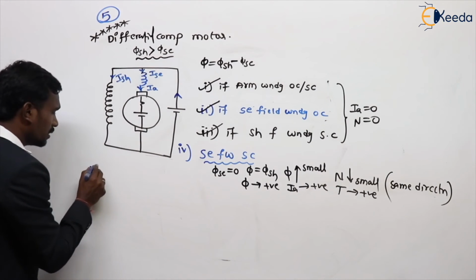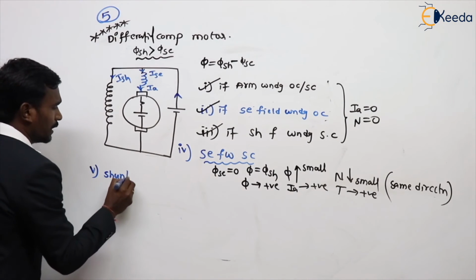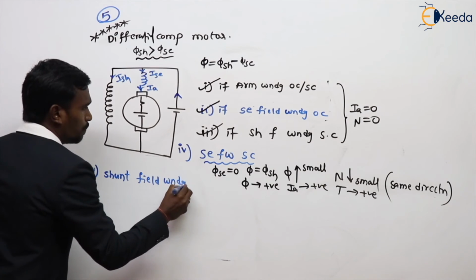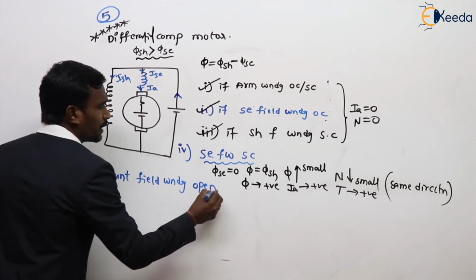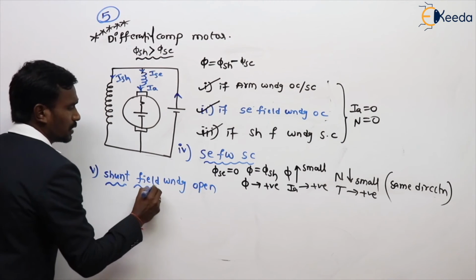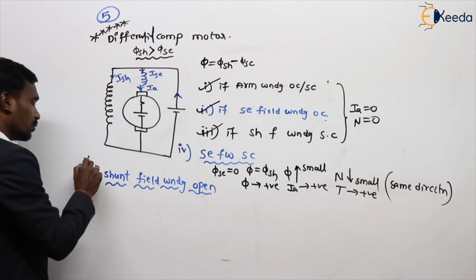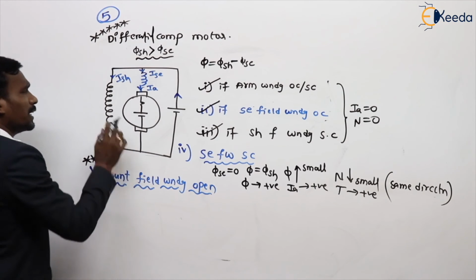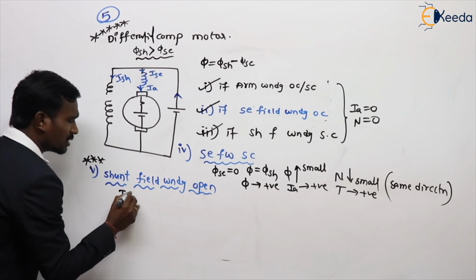But see in this case, if the shunt field winding is open circuited, this is the special case which we have to go through, must and should. Right. When the shunt field winding is open circuited, what is ISH?